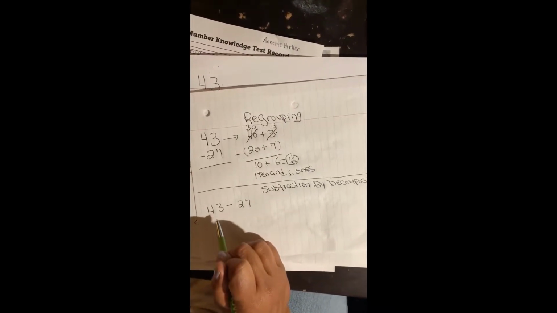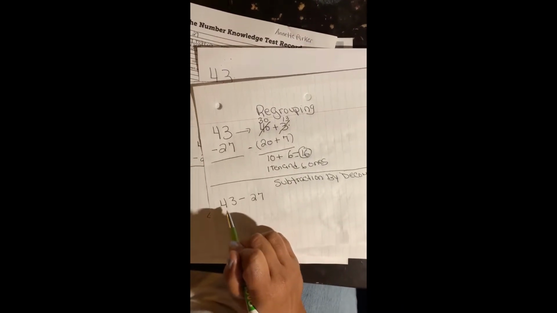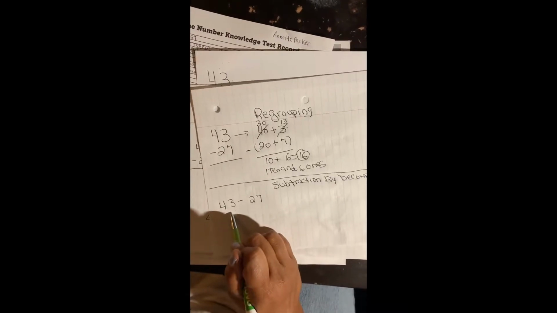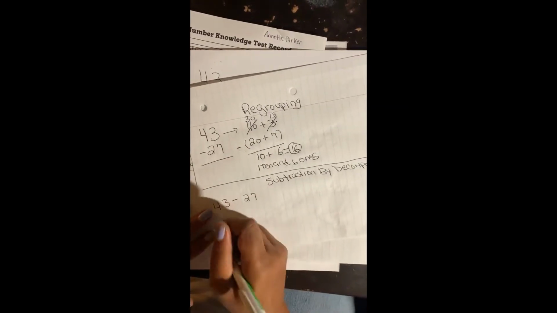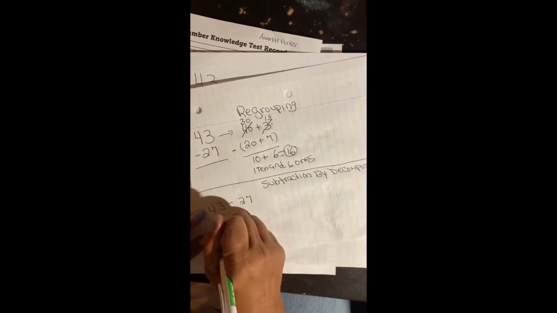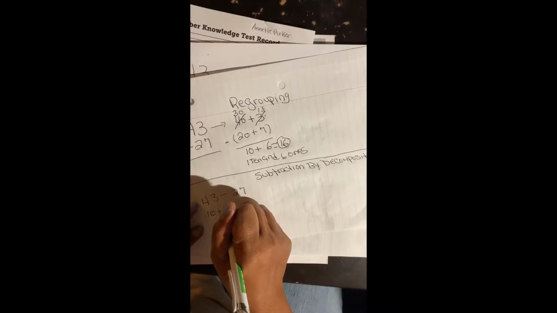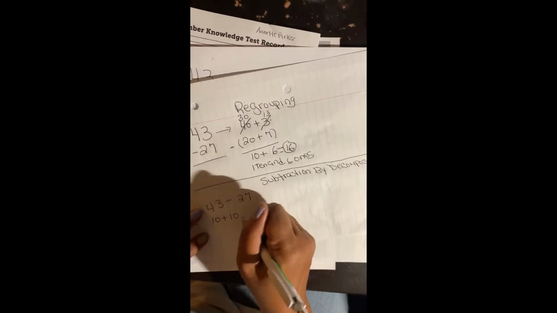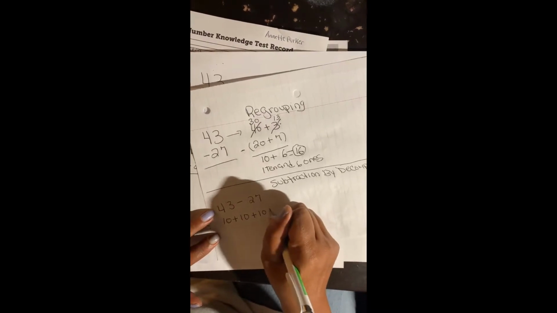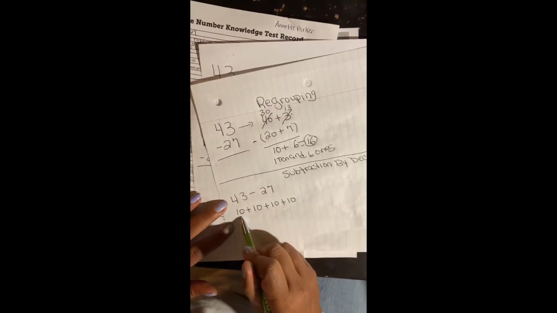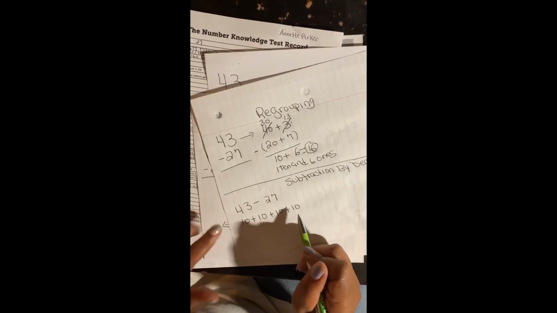If we think about 43, how many 10s are in 43? Well, if we count it, 10, 20, 30, 40, so that's 40.